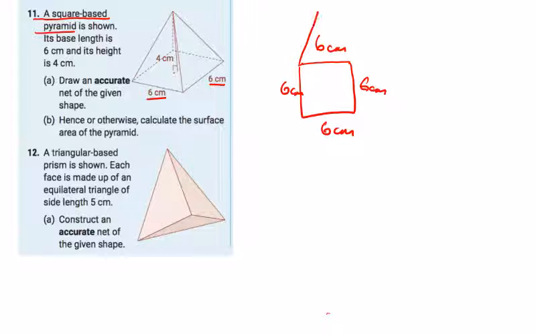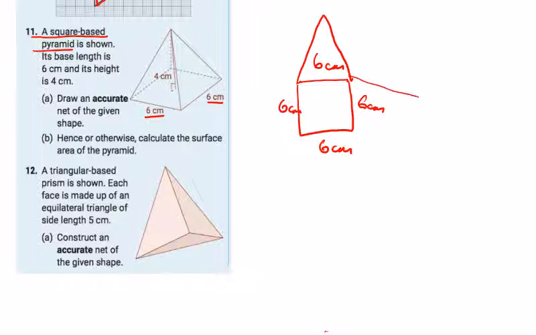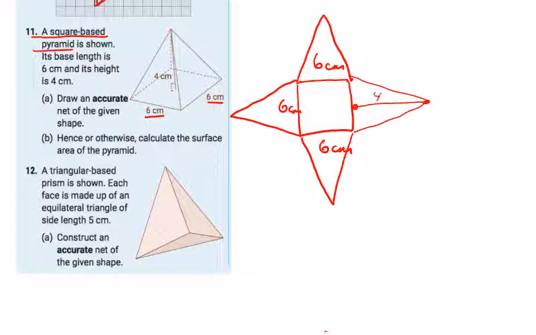And then we have 4 triangles that make up this pyramid, going up and down. And the height of those is 4, we're told. The height of the pyramid, the perpendicular height normally, is 4. And we're asked to draw an accurate net. Well, that's all that we need for the net.